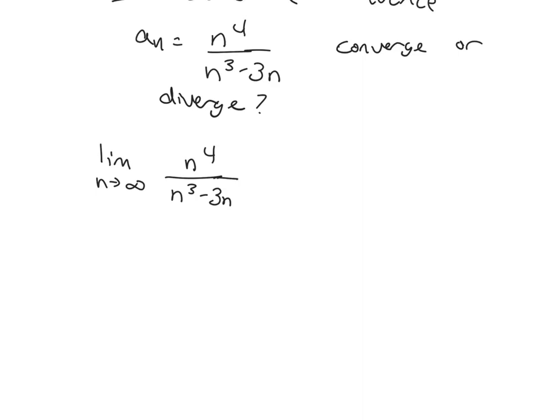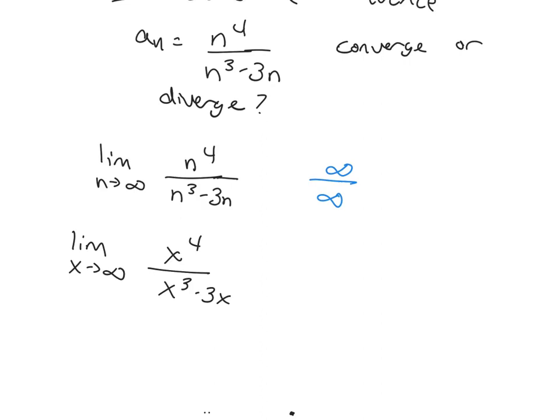When you do limits and you talk about derivatives, usually you're talking about L'Hopital's rule. If I look at this limit, the numerator n to the fourth goes to infinity. The denominator also goes to infinity because the n cubed is going to get larger than the 3n faster. So you could switch it into a function if you want.